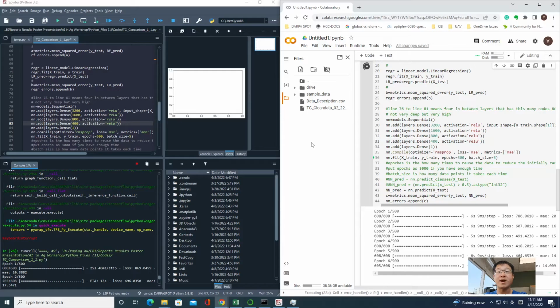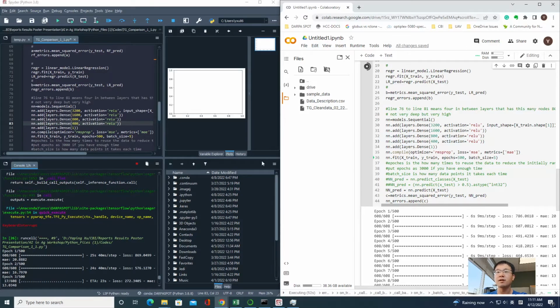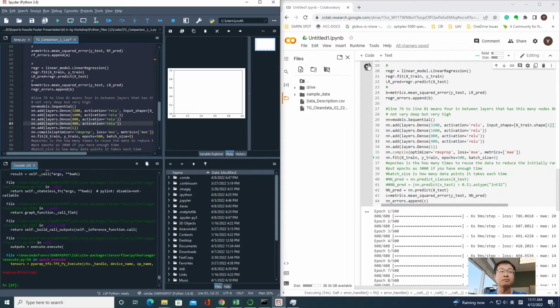Okay, that is about 4 to 5 times of the GPU running time. Quite impressive, right? That means running this on GPU is about 4 to 5 times faster than running it on the CPU.